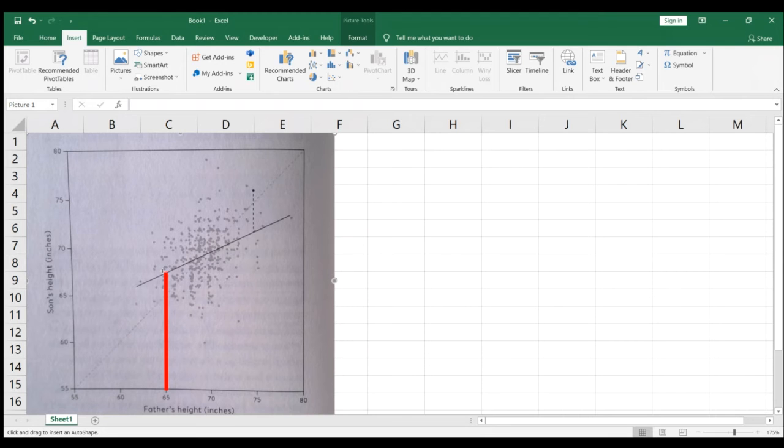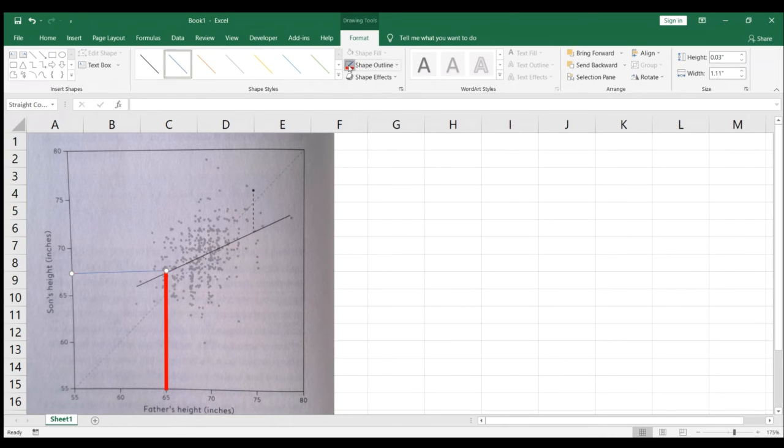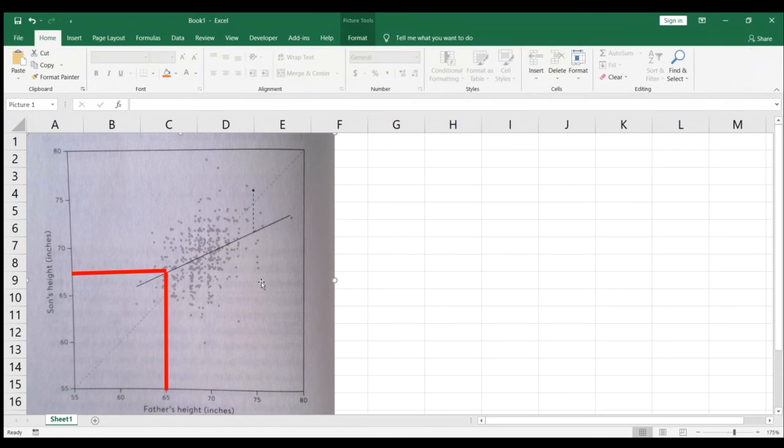Well, we go to 65 inches and we draw a straight line to the left. It seems that the expected height of the son is a little bit more than 65 inches. In fact, this slope tells us that at a certain value, sons' heights will be greater than fathers' heights.